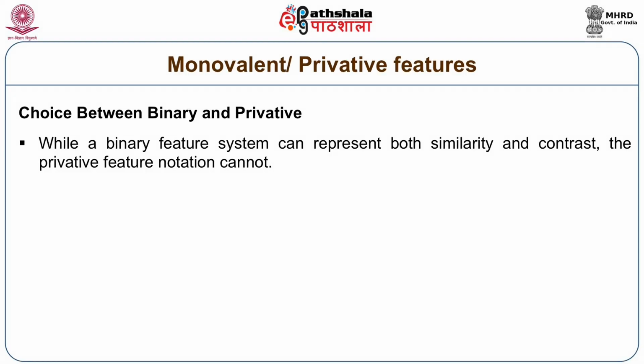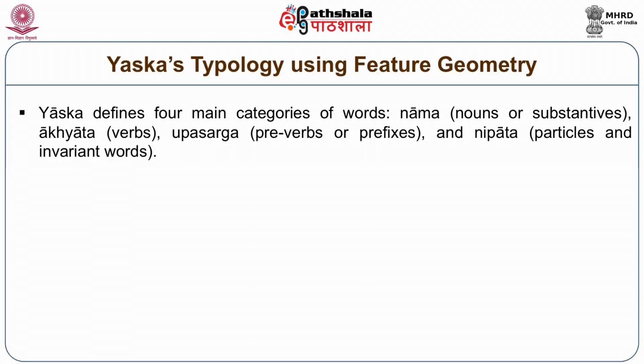So we had concluded that blink and flash were similar because they involved a change of state, a shared feature, and that they differed in the value on, but this is rendered opaque in a privative feature system. We can see that there is actually, in linguistic terms, a real and substantial difference in whether we use monovalent or binary systems.